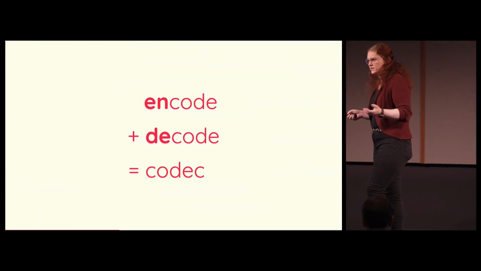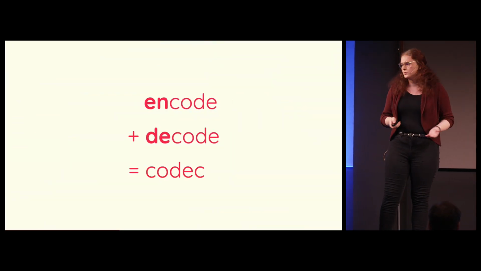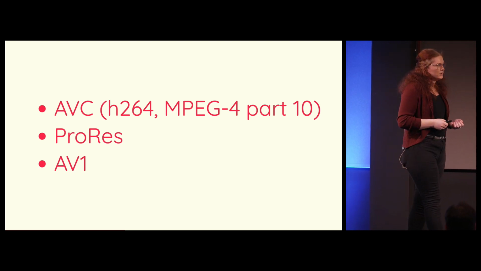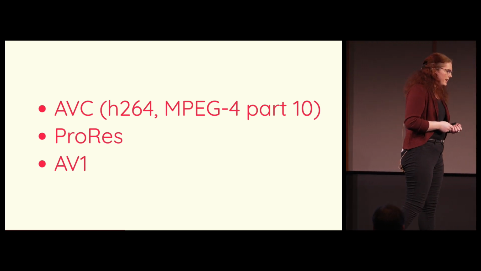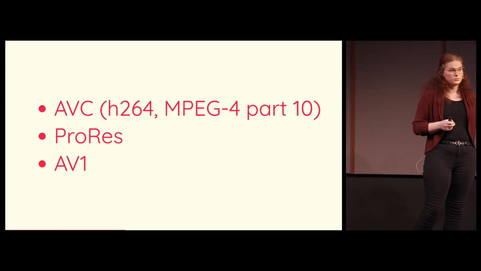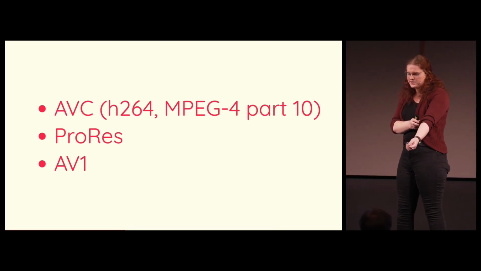Whenever we talk about digital video, a lot of people talk about codecs very soon. Some examples of codecs are AVC, ProRes and AV1, and they have a lot of different qualities. You've probably heard about ProRes if you watch the iPhone announcements, for example. Apple are very into that.